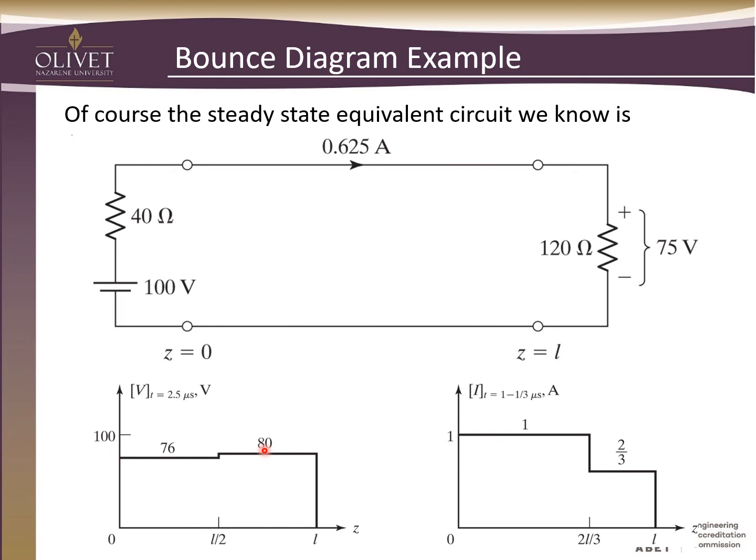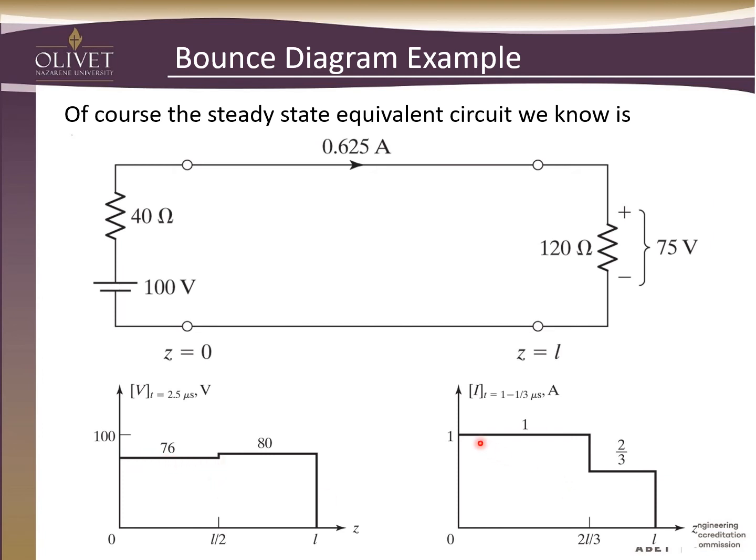After 2.5, the 60 volts has come down and reflected back. So we've got the 60 plus the 20, so it's 80. You'd see 80 volts all the way down to L over 2. Now from the source, we've sent the 60, received the 20 back, and sent the minus 4 back again, and it's halfway down the line. So you would measure 76 volts all the way up to L over 2.